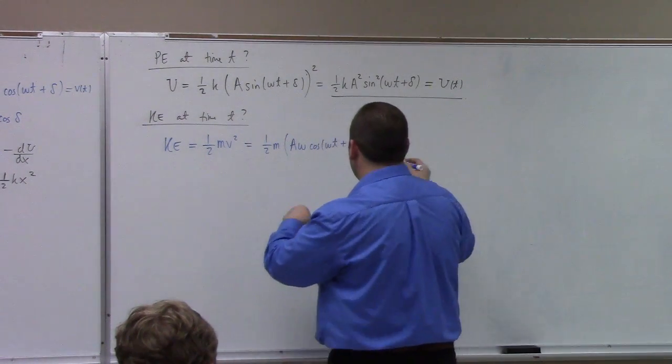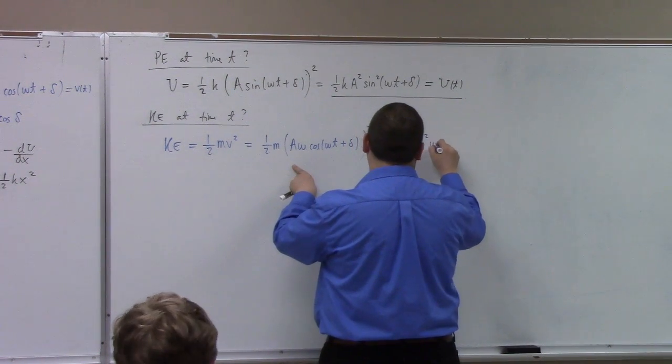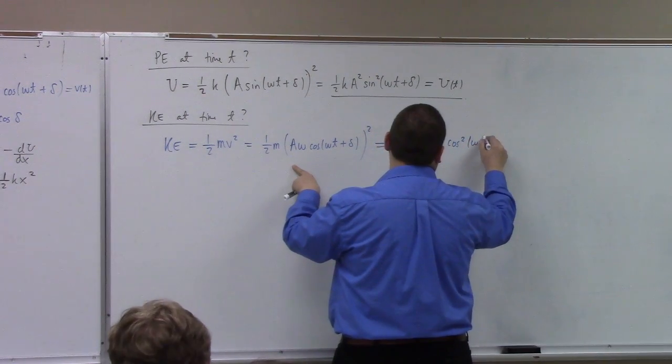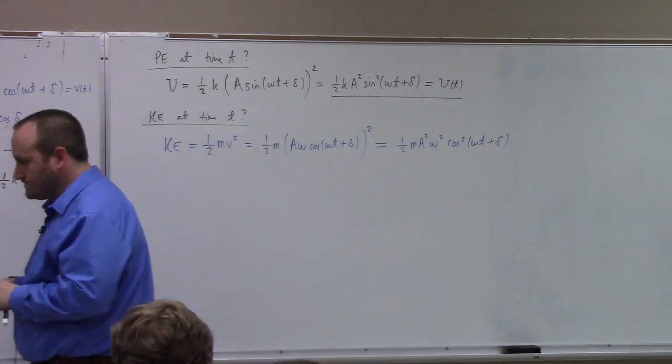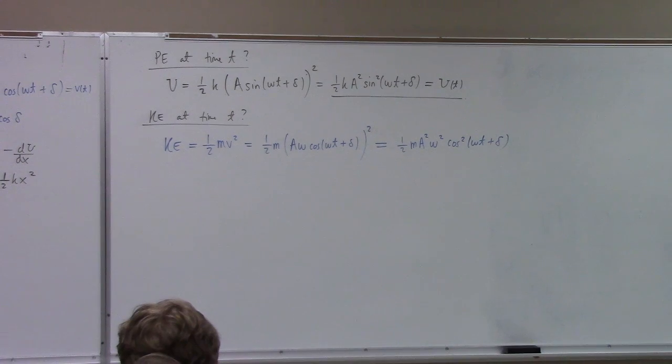Clean it up. This is 1/2 m a squared omega squared cosine squared omega t plus delta. So there's the kinetic energy at time t.